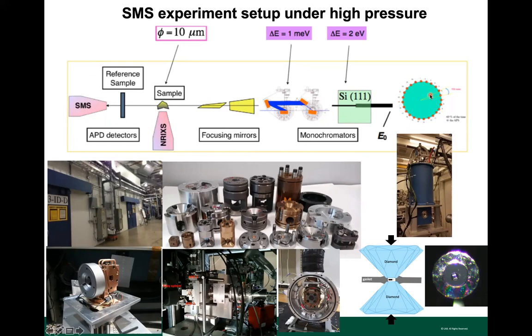Typically we do experiments in the 24 bunch mode, with the electron bunches separated by 153 nanoseconds. Then we use a high heat load monochromator to tune down the energy bandpass, and after this, a high resolution monochromator further refines the energy resolution to 1 meV.